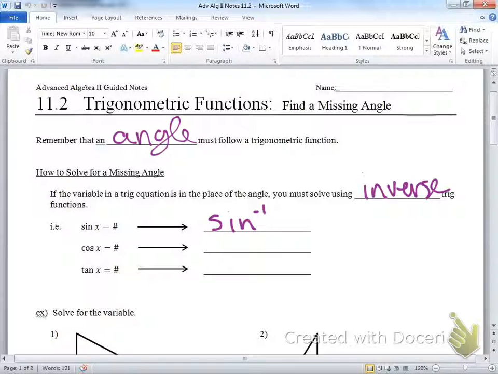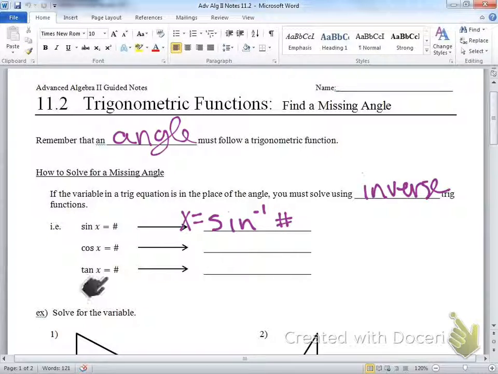That's the inverse. That's what you'll type in to find the x when you have something like sine of x equals a number, like sine x equals 4/5. What you'll type in is inverse sine 4/5. Hit equals, that's what x equals.